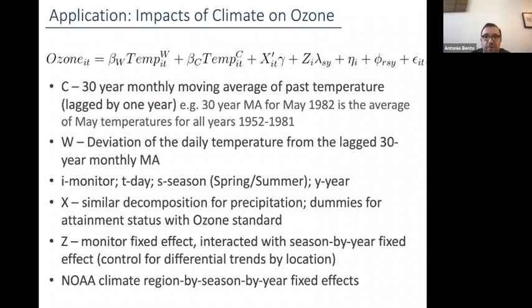Z here would denote monitor fixed effects. So we have monitors for ozone, interacted with a season by year fixed effect. And this is nice because it would allow us to control for differential trends by locations. And then we will also have fixed effects to allow for the different climatic regions as defined by NOAA to vary also by season.